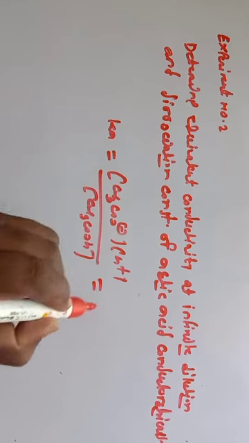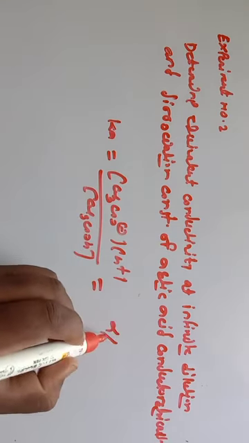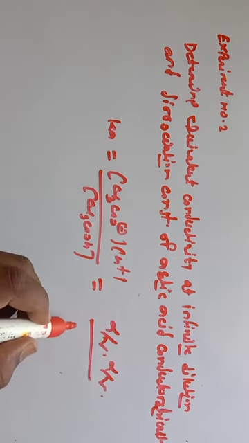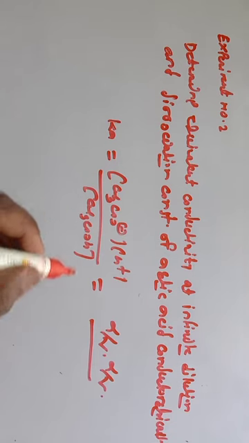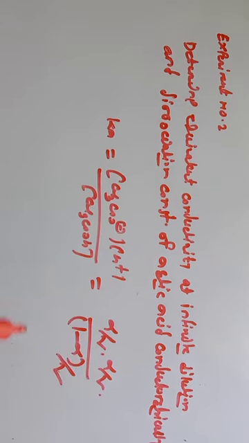CH3COO minus is alpha upon V, H plus is alpha upon V, and the concentration of acetic acid is 1 minus alpha upon V. If we solve this, we get alpha square upon V into 1 minus alpha.